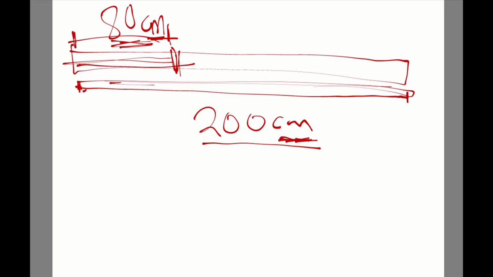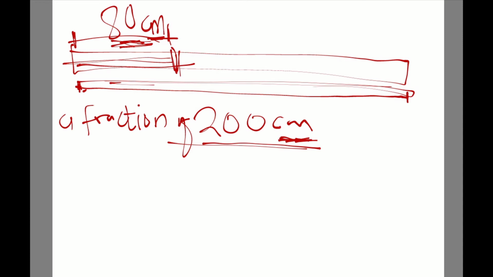So we say 80 centimeters is quantity A and 200 centimeters is quantity B. So we express 80 centimeters as a fraction of 200 centimeters. Take note, the quantity that follows the "of" is the denominator. So here the 200 centimeters will be our denominator.